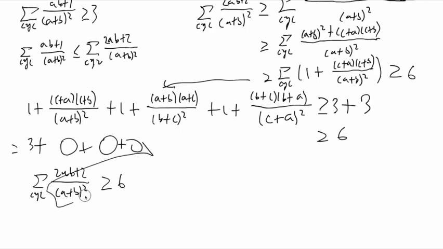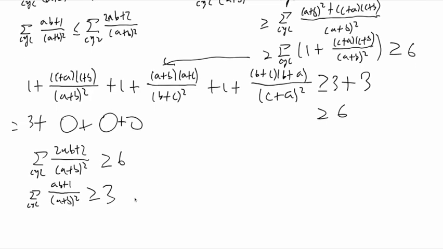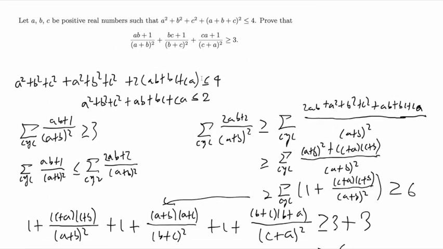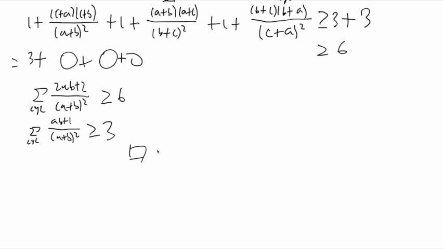If we divide all of them by 2, we get the cycles of, and it's supposed to be greater than or equal to 3 because we divided 2 on both sides. And this inequality right here is the same as the one that we see right here. Therefore, we finished our proof.